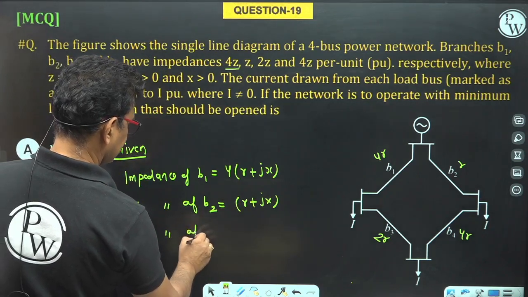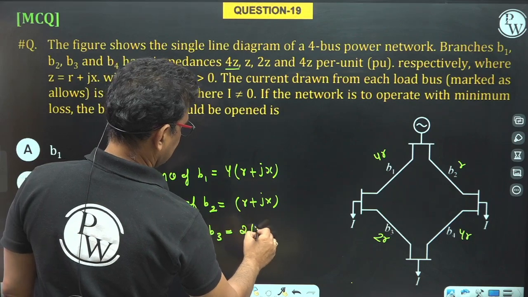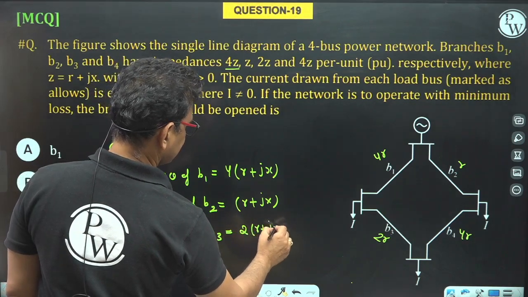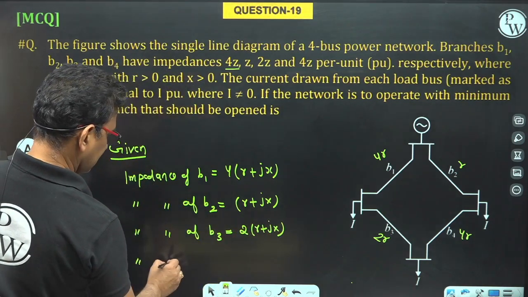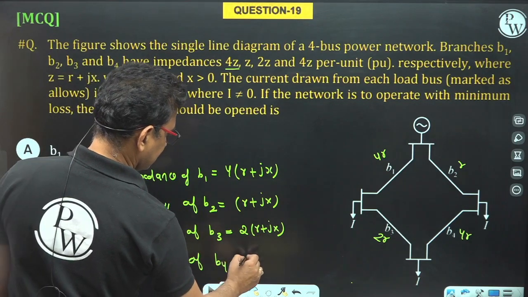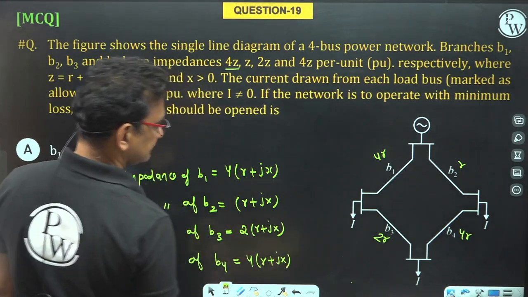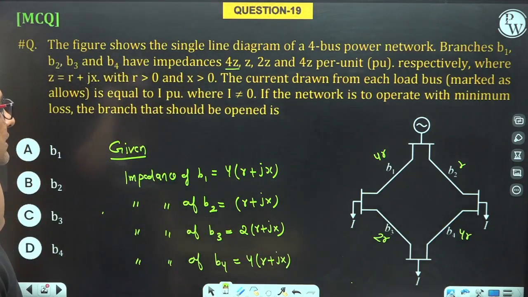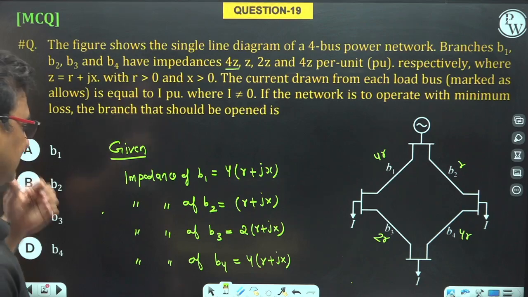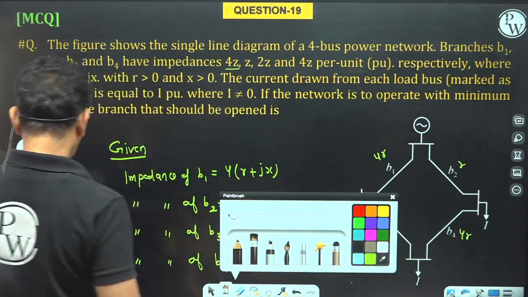The impedance of B3 is 2R plus jX. The impedance of B4 is 4R plus jX. The current is equivalent to I. So let us check one by one. Suppose the B1 branch is removed.